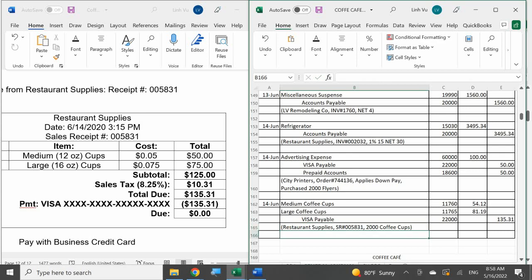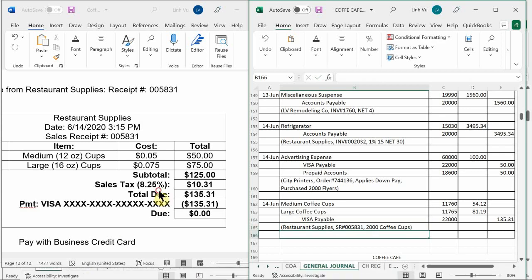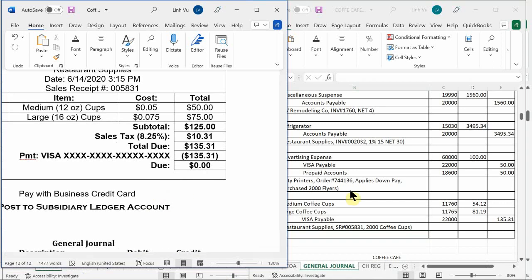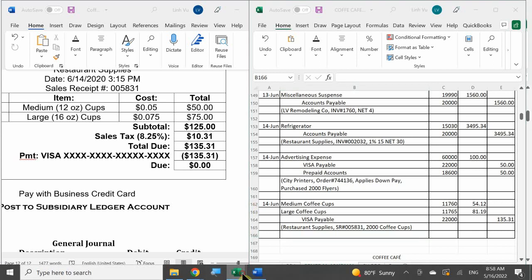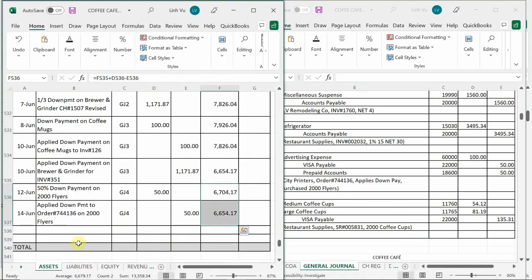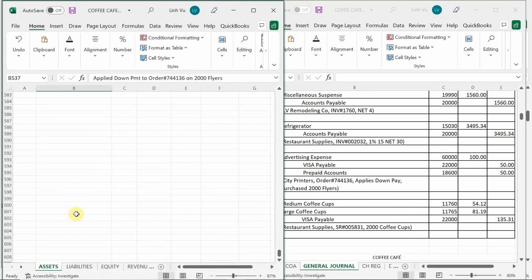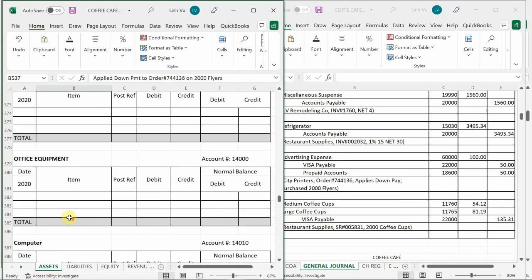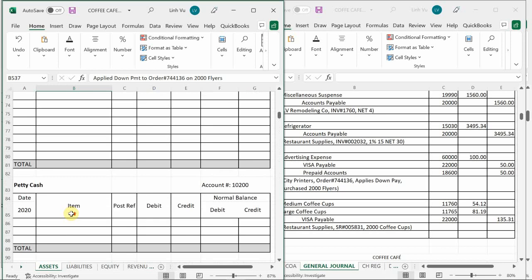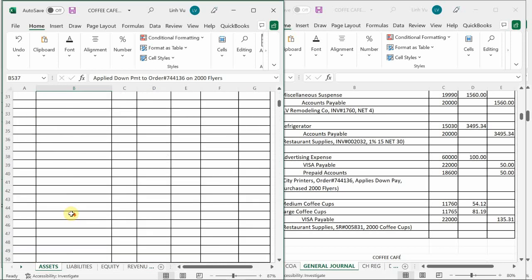Right. That should be good enough information. Okay. So now we have it in our journal. We need to plug it into our ledger. Starting with the first one, we purchased some business supplies, so we're going to go to our business supplies here.